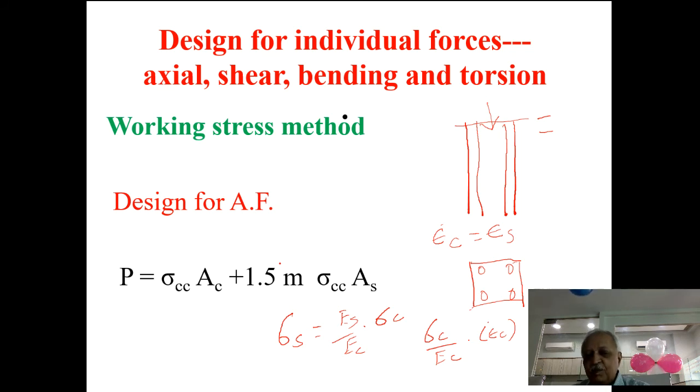For concrete you might have a permissible stress for M30 grade concrete of 10 with a factor of safety of 3, but for steel with a factor of safety of about 1.15 you will have a permissible stress of 200 MPa, while for concrete it is only 10.